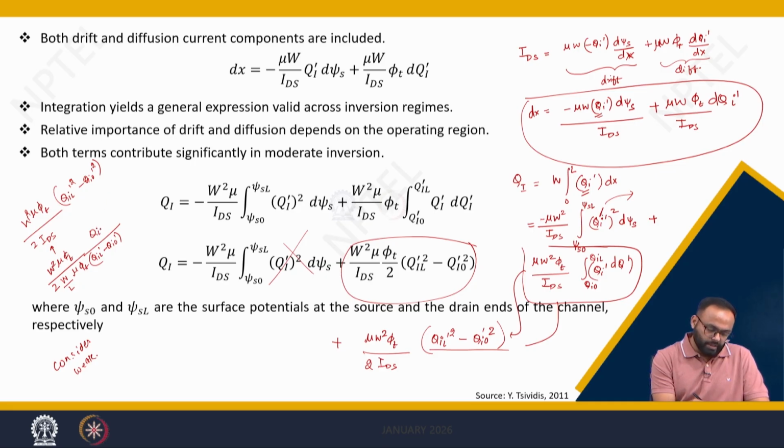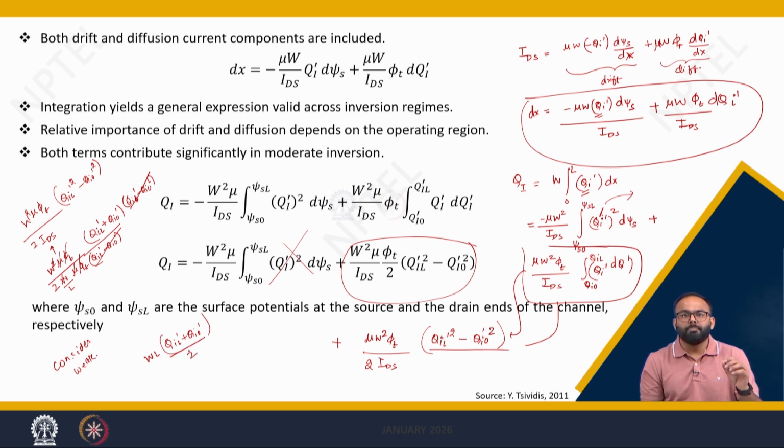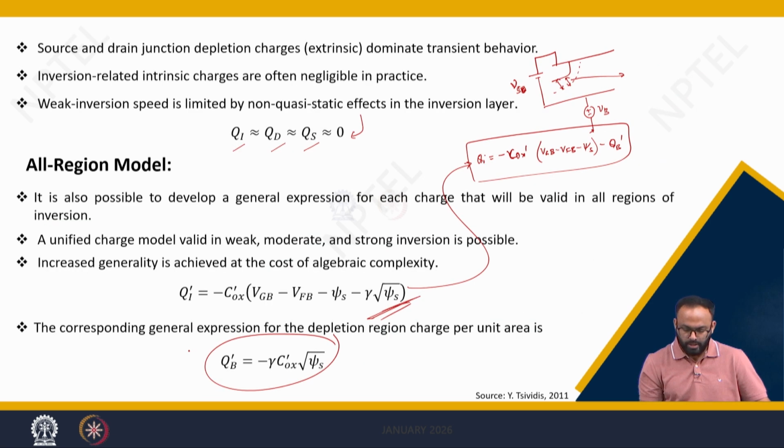So ultimately you will get QiL dash plus Qi0 dash into QiL dash minus Qi0 dash. This term will get cancelled, phi t, mu and one W get cancelled, and ultimately you will end up with W into L into QiL dash plus Qi0 dash divided by 2. That was a simple expression we calculated here.